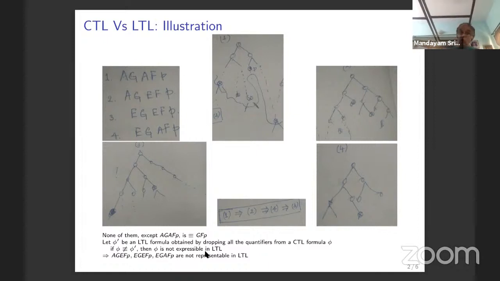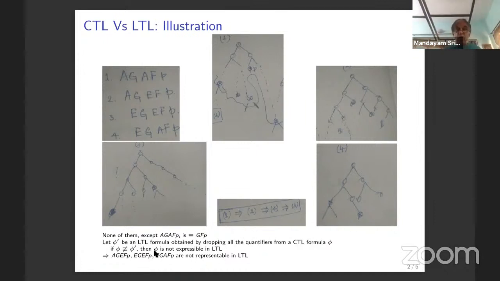Okay, so there are two things happening here. This is in general for any quantifiers, A as well as E. So you just have to drop the quantifiers. You could use this for going from CTL to LTL. You drop the quantifiers and then check or argue, get a proof, whether they are equivalent or not. I have already defined what it means to prove equivalence of two formulas, that they have to be equivalent on all these things.